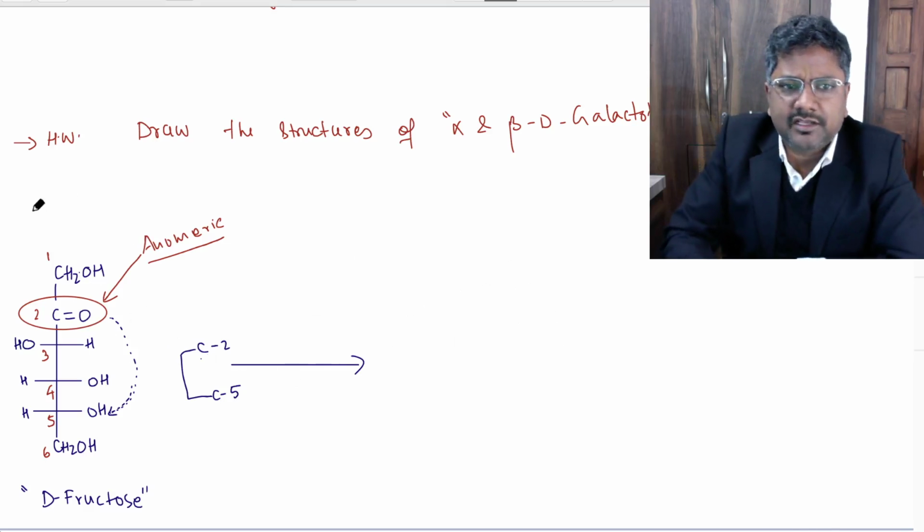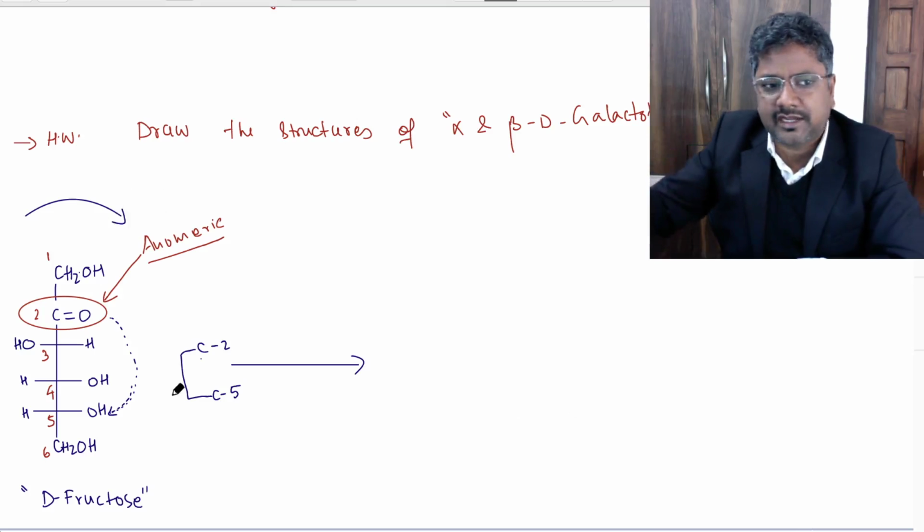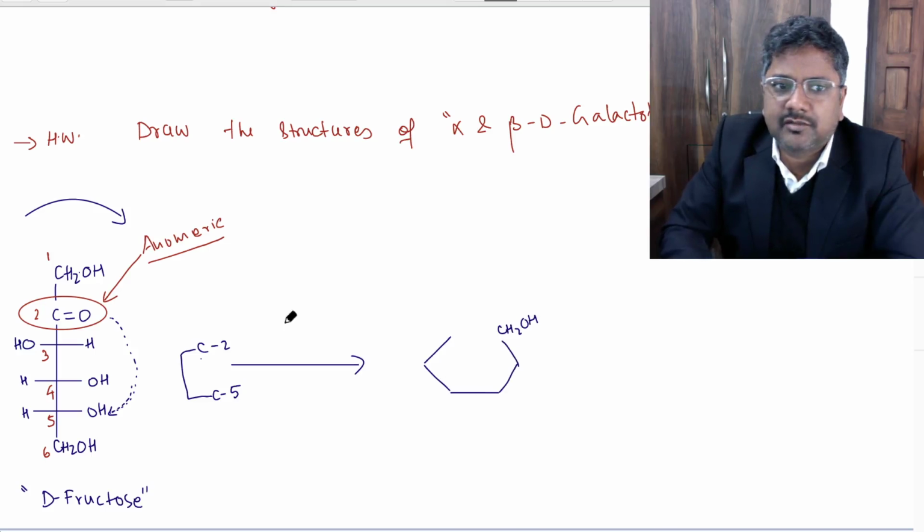So do the same thing, rotate this clockwise and make the folds at the different carbon, so you will get this type of structure. This is CH2OH, carbon number 1. This is CO, 1, 2, 3.